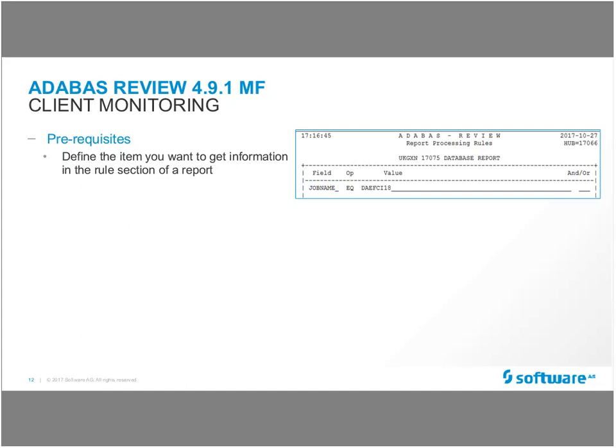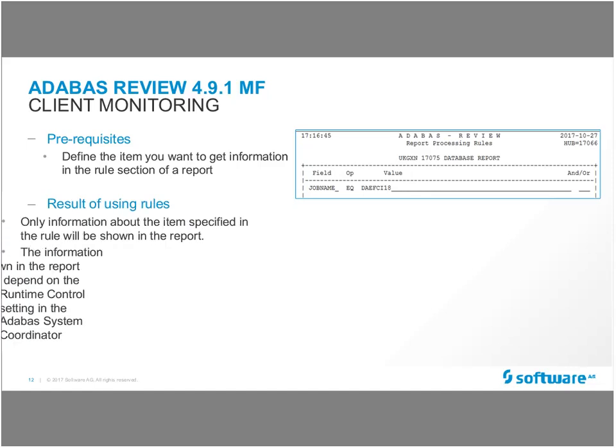Now, this talks about how you can select what you actually want to see, and we use the rules section within Adabas Review. Here you can see we have chosen the job name equal to DAF CI 81. This is the job we want to check and get more information about.